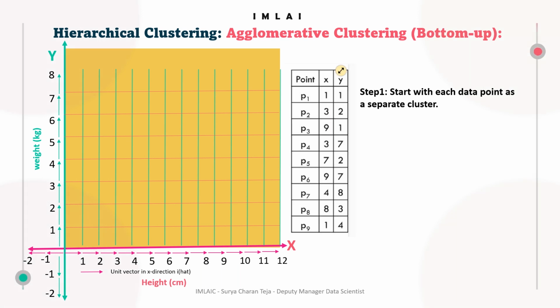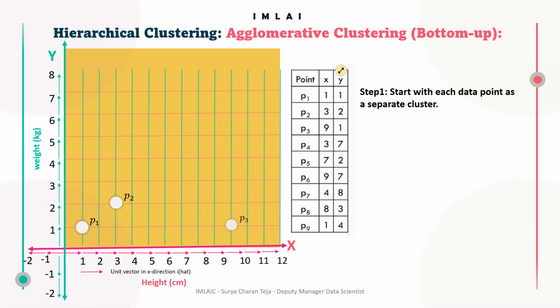Let's take this as our data set, x comma y. So you have two features, feature x and feature y. Let's take each row as point 1, point 2, point 3, point 4, and then we will plot them on a graph, because in agglomerative clustering the first step is considering each data point as a separate cluster.